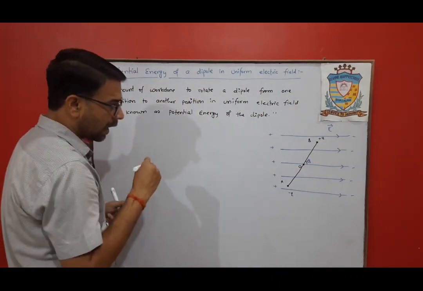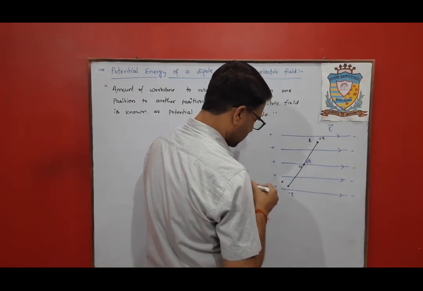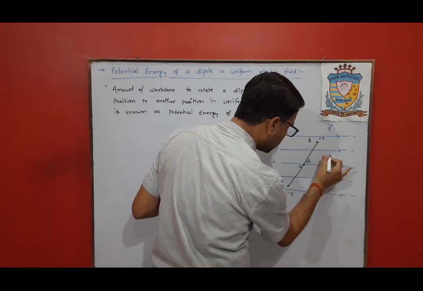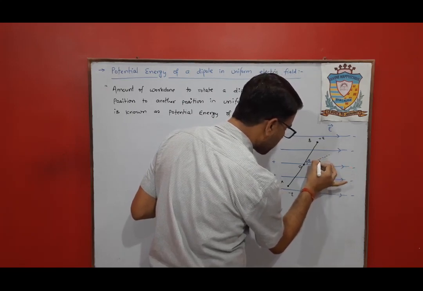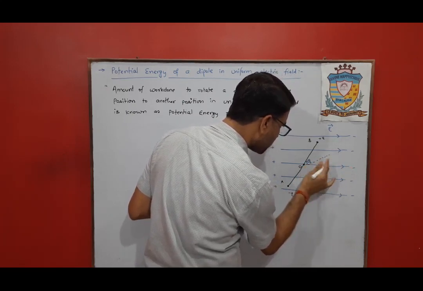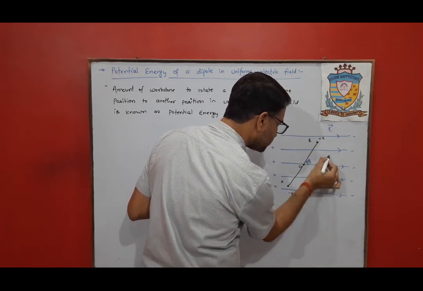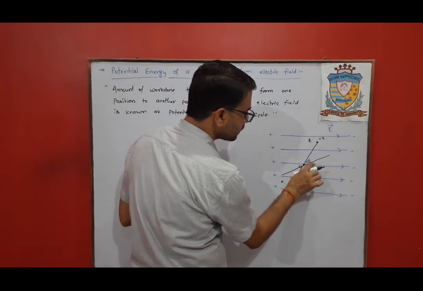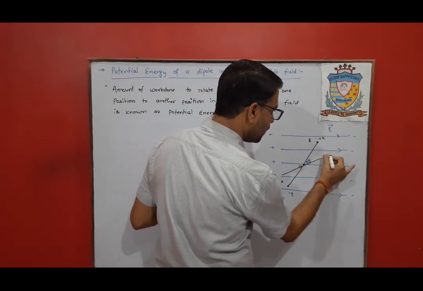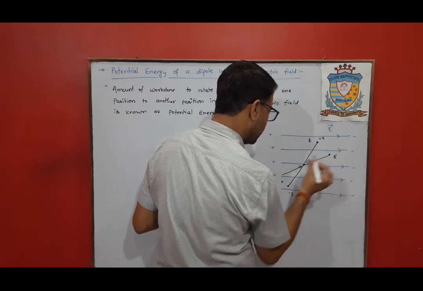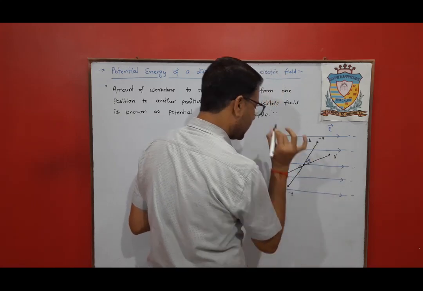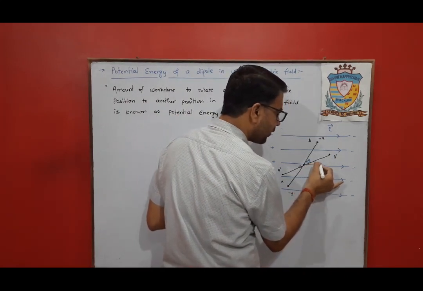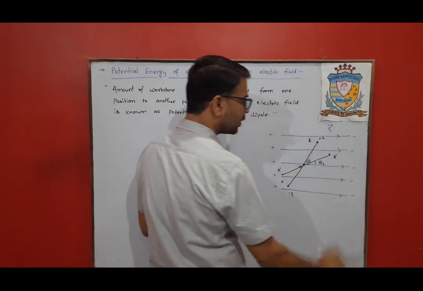Okay, and after rotating, now let this B dash A dash is the new position, and now let this angle is theta 2.